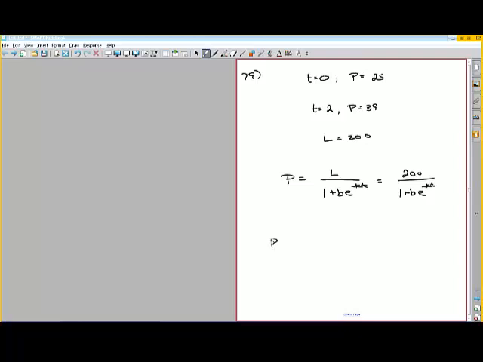The first one we do is P of 0, which means t equals 0. So we get 200 over 1 plus B e to the minus k times 0. It doesn't matter what value k is, this becomes e to the 0, which is 1. P of 0 is 25, so we get 25 equals 200 divided by 1 plus B.